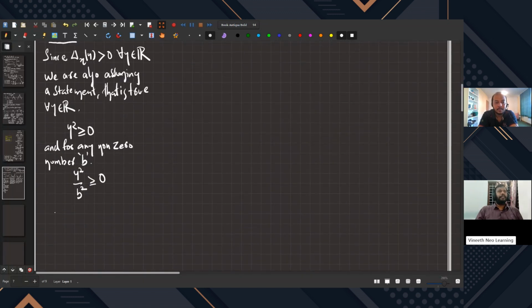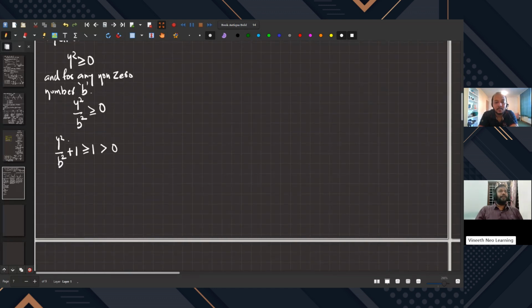Now let me add 1 on both sides. y squared over b squared plus 1 will always be greater than or equal to 1, and 1 is again greater than 0. So, since inequality is a transitive relation, we can write y squared over b squared plus 1 is greater than 0.